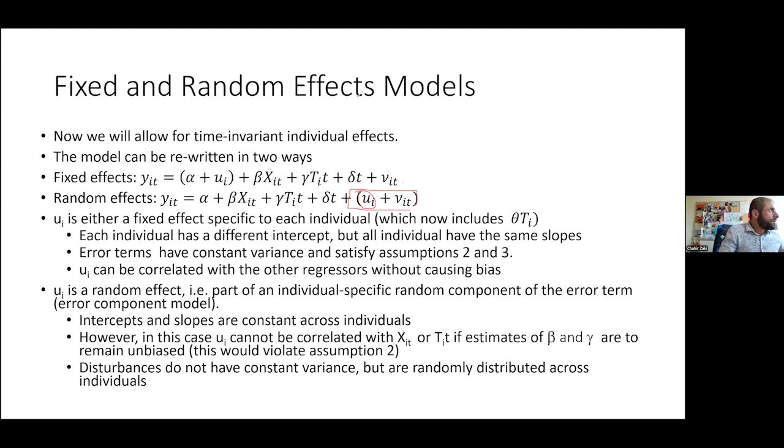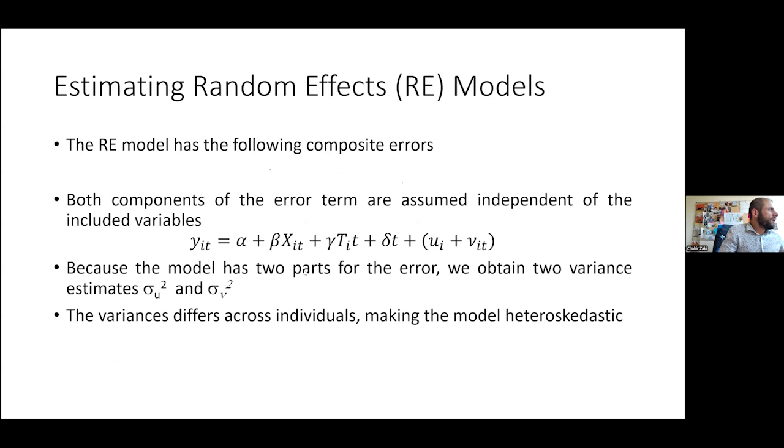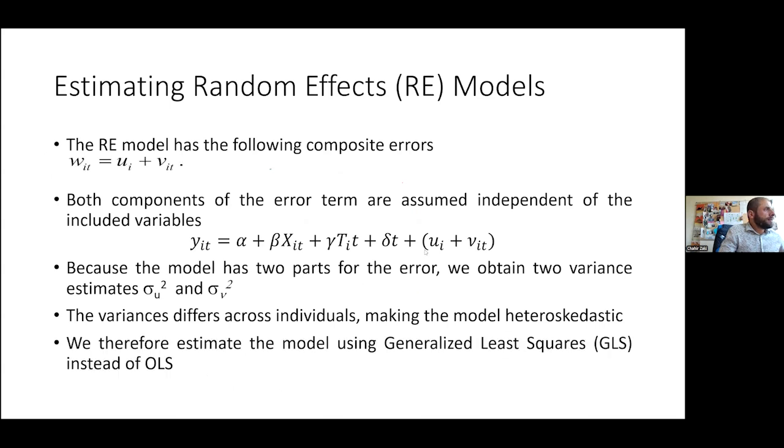Briefly, what is the rationale here? Here I want just to consider that the error term has two parts, as I said, u_i and ν_it.